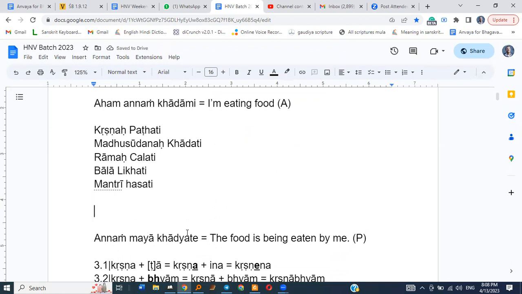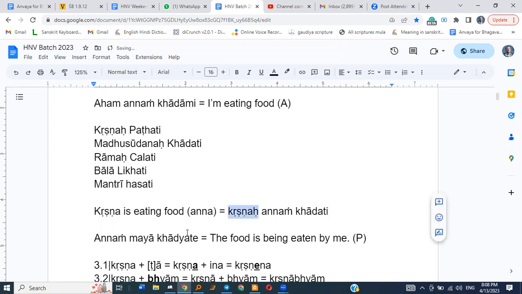For example, Krishna is eating food, and food is called Anna. So the Sanskrit would be Krishna Annam Khadati.